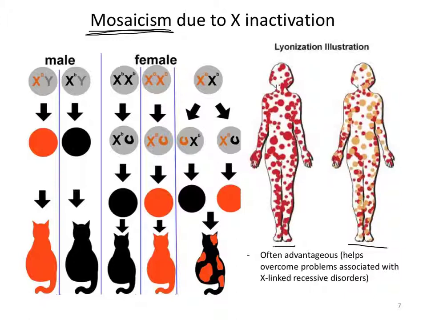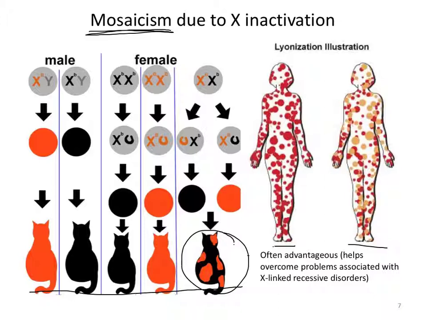Over here on the left, we have a cartoon that's explaining how this mosaicism due to X inactivation results in calico cats. Calico cats are almost always female, and they are the result of mosaicism.